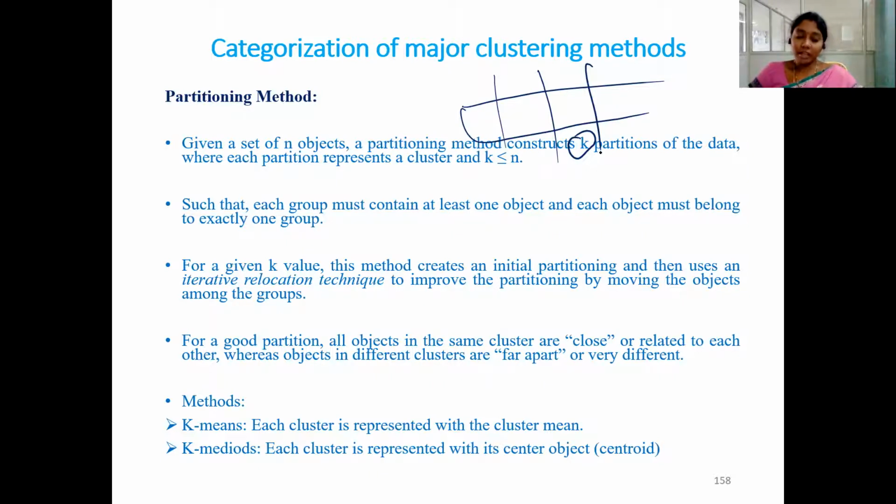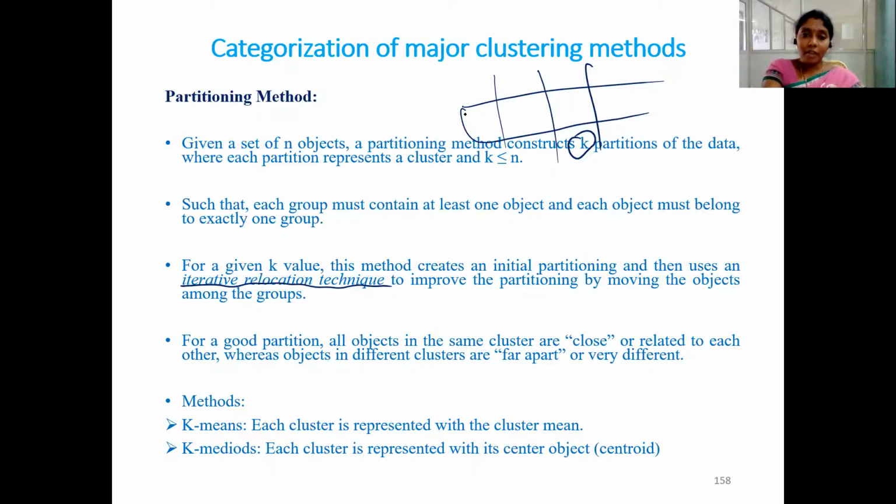Based on those two rules, it makes the data into different partitions initially, and after that, by following certain iterative relocation techniques, by applying some iterative procedure, the elements in the partitions are relocated into different partitions.